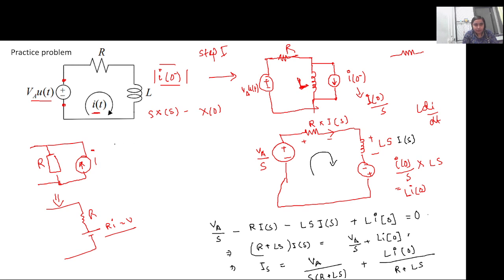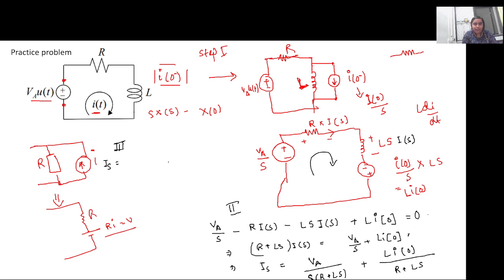So now the next step, this is the second step where you form the equation. The third step is to write it in the form so that it can be converted back to the time domain. So I(s), here it is written in terms of s times R plus Ls.